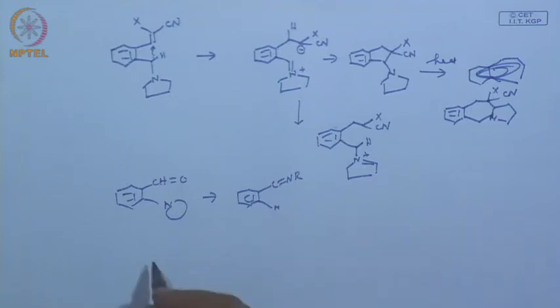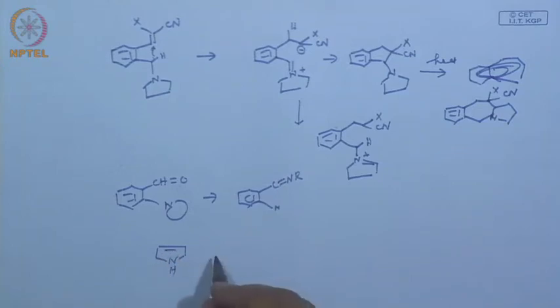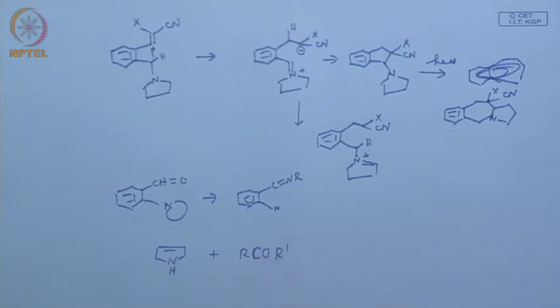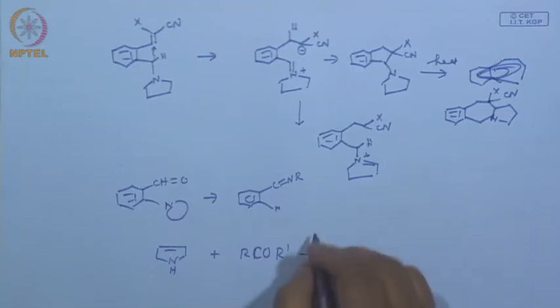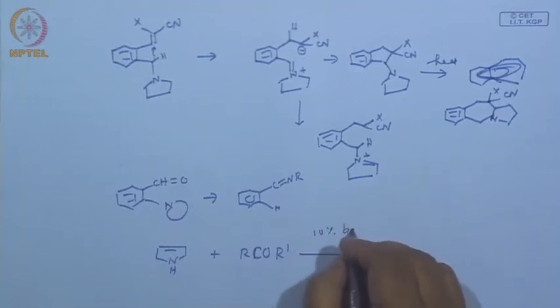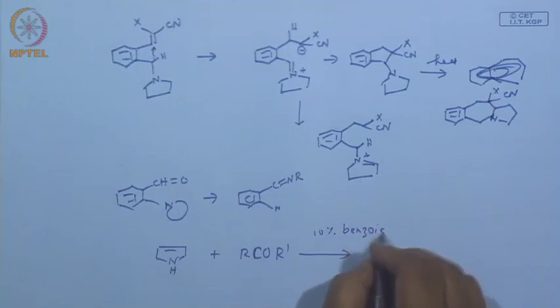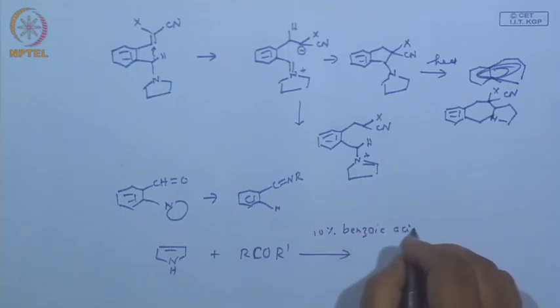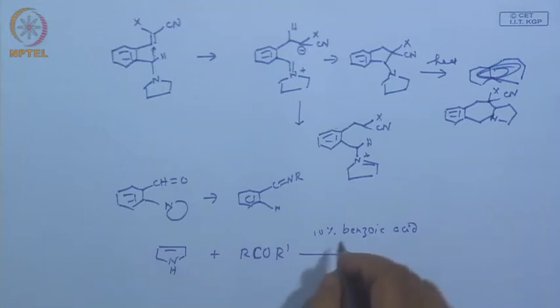Then one more, again a Jack's paper. You take RCO, let us say R prime, and the reaction condition is nothing, just 10% benzoic acid, and then it was heated in toluene.